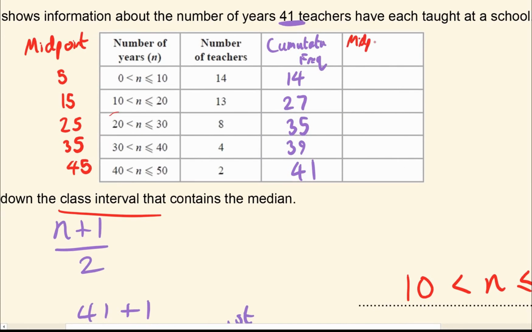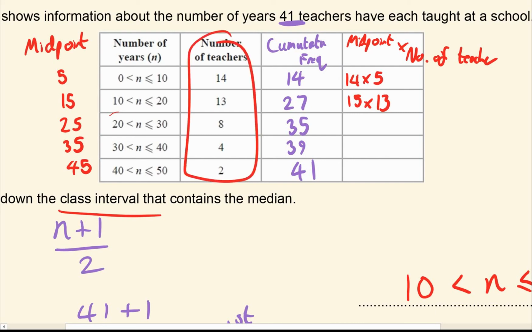So we're going to do the midpoint times by the number of teachers. So 14 teachers have been teaching for 0 to 10 years, so we assume an average of 5 years, so we then do 14 times 5. We're then going to do the same for each of these rows, doing the midpoint times the frequency, or the number of teachers. And that will let us work out the overall total, which of course we need for the mean.